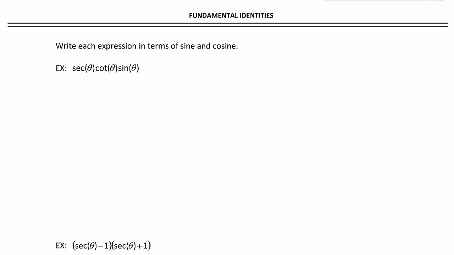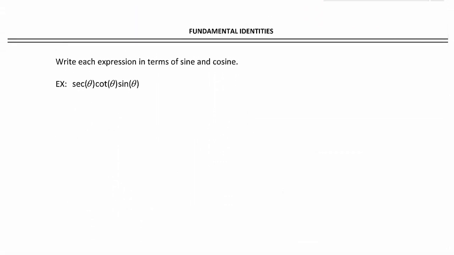In our next example, we want to rewrite the expression in terms of sine and cosine only. So let's start with secant of theta. We want to rewrite it just in sine and cosine. So secant is going to be 1 over cosine. And then we have cotangent.